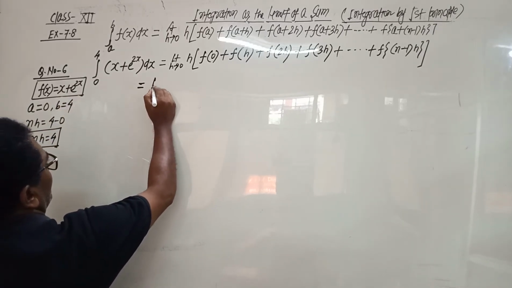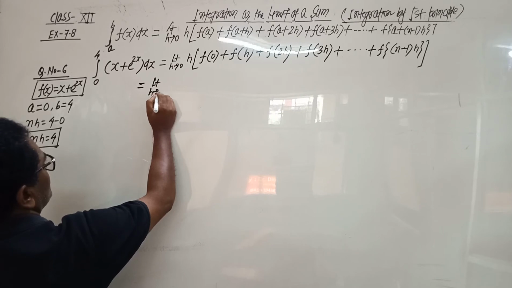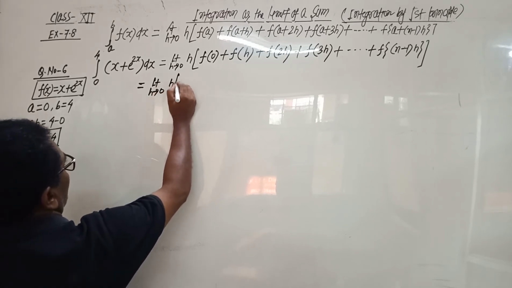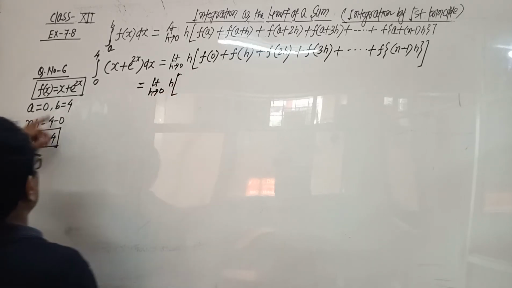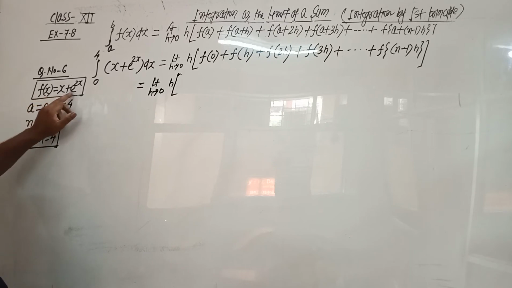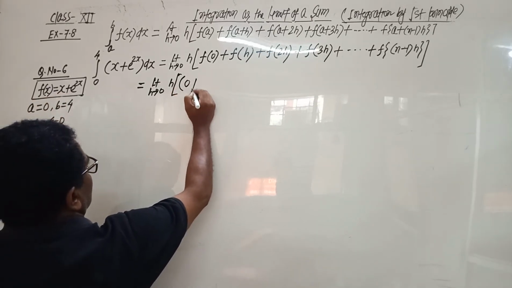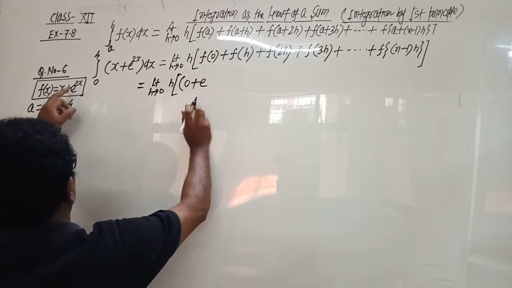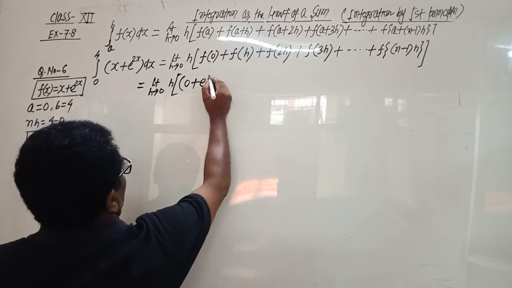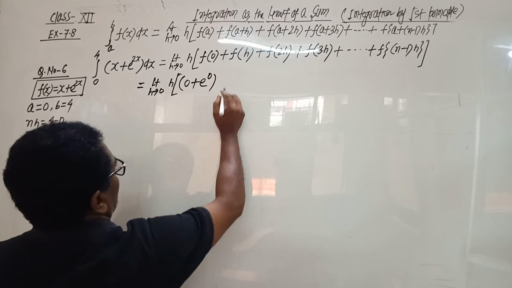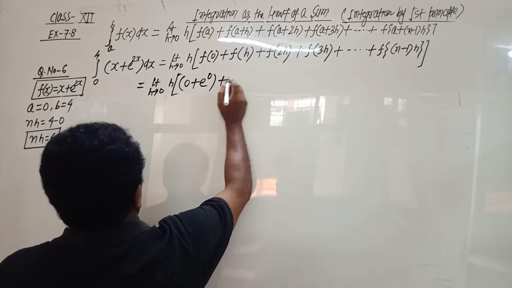So limit h tends to 0, h times f of 0, put the value of x equals 0 in our function. So this becomes 0 plus e raised to the power 2 into 0, which is e raised to the power 0, plus f of h.